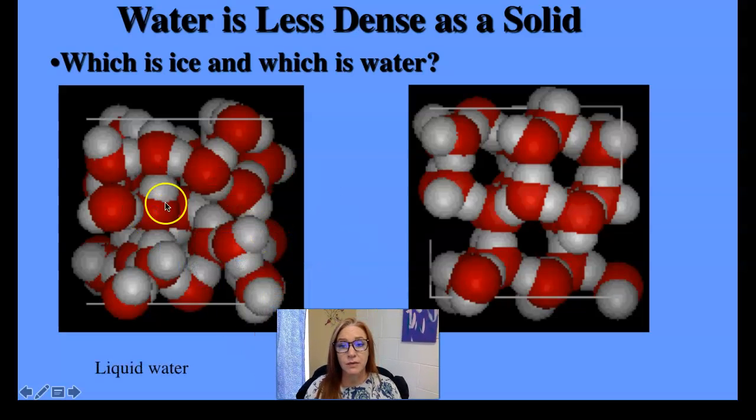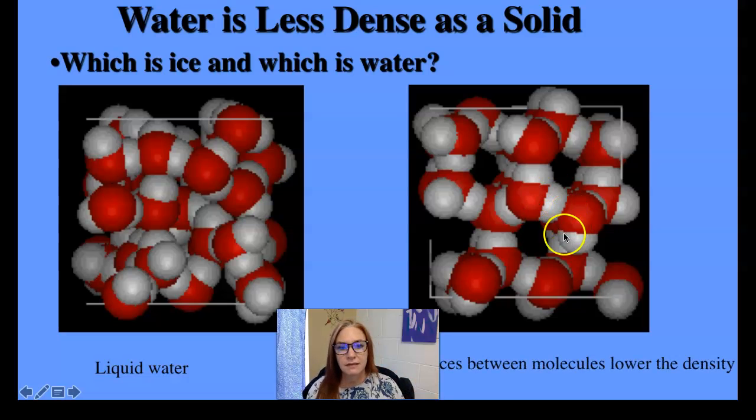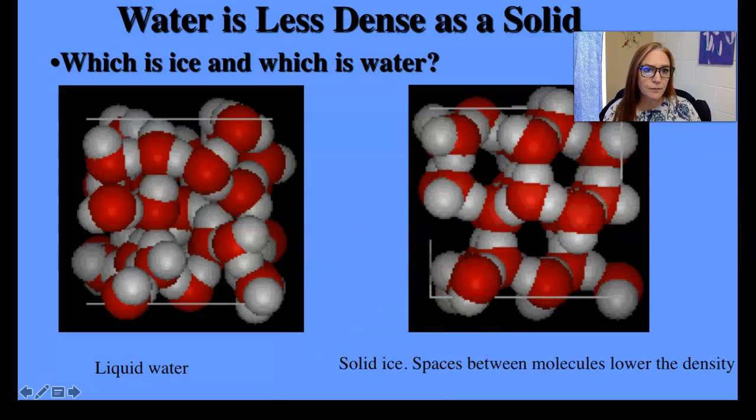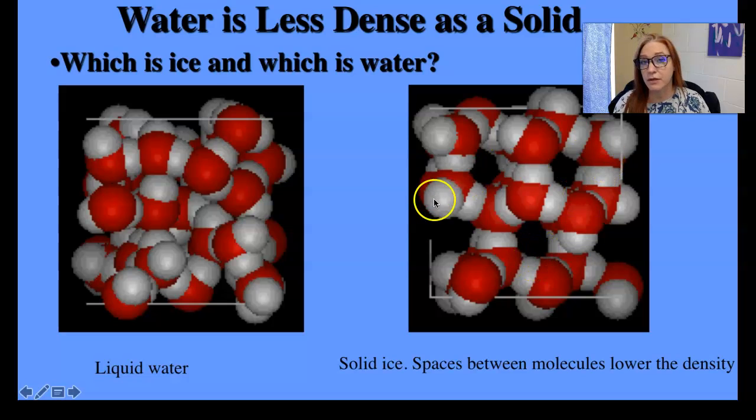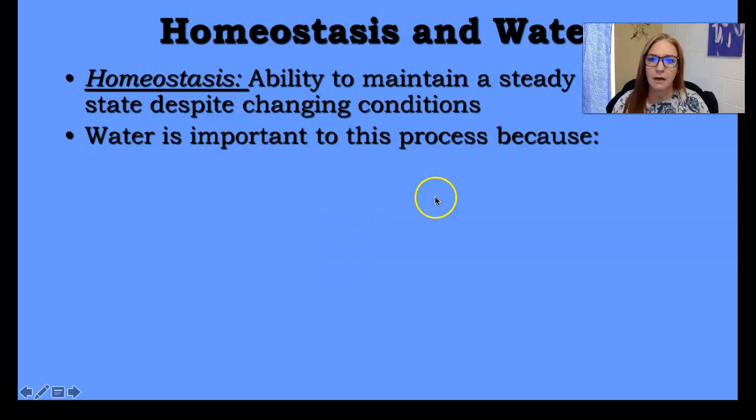So in liquid water, the molecules are just moving around next to each other, but then at the instant of freezing, that solid ice creates spaces between the molecules that spreads them out, that lowers the density.